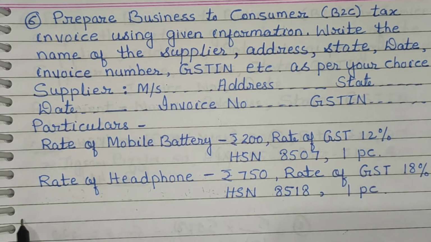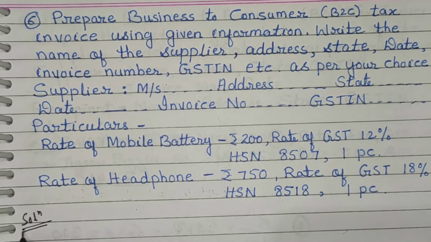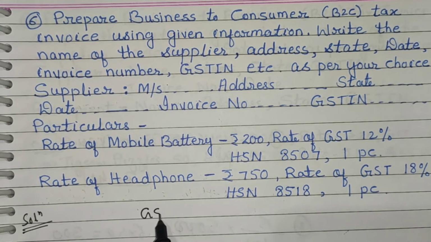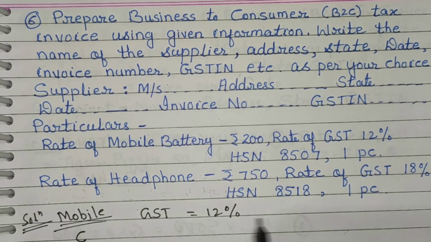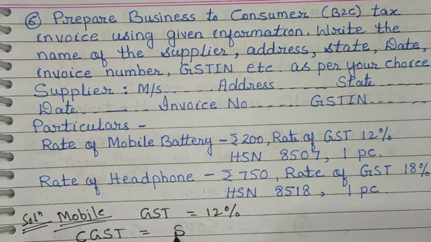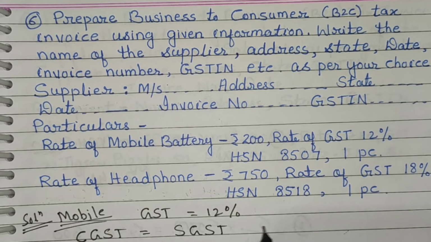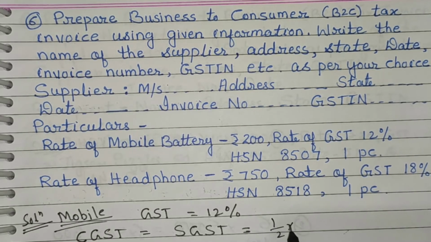Now here the rate of GST is given, GST is equal to 12%. Therefore it is for mobile. CGST is equal to SGST is equal to half of GST.